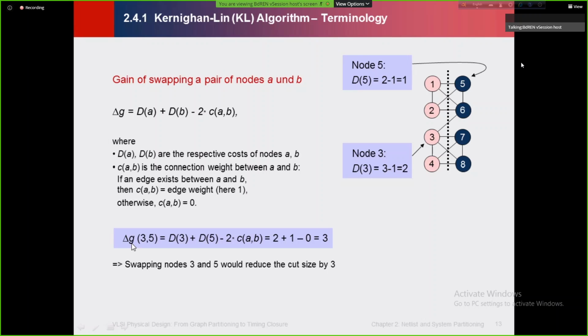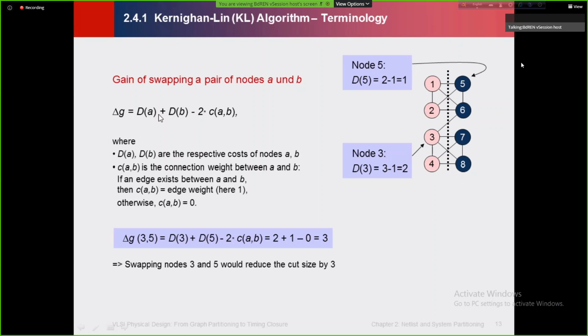That will be equal to cost of 3 plus cost of 5 minus 2 into the connection between those 3 and 5. Connection between A and B means actually 3 and 5. This is the actual formula: cost of A plus cost of B minus 2 into connection between A and B.